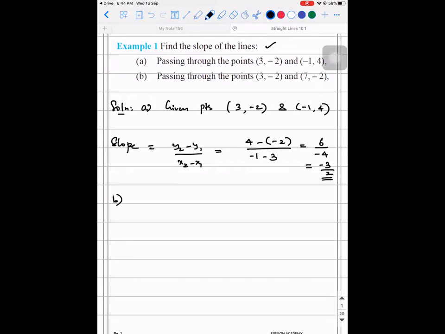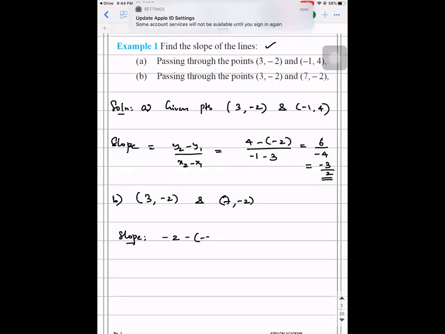So for B, the given points are 3 comma minus 2 and 7 comma minus 2. What is the slope? y2 minus y1 divided by x2 minus x1. Answer will be 0.